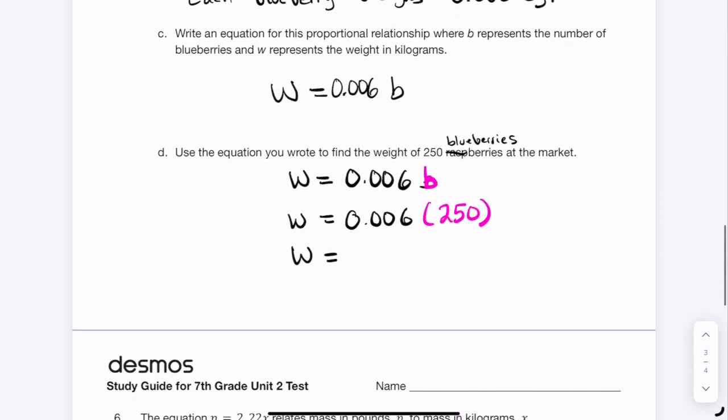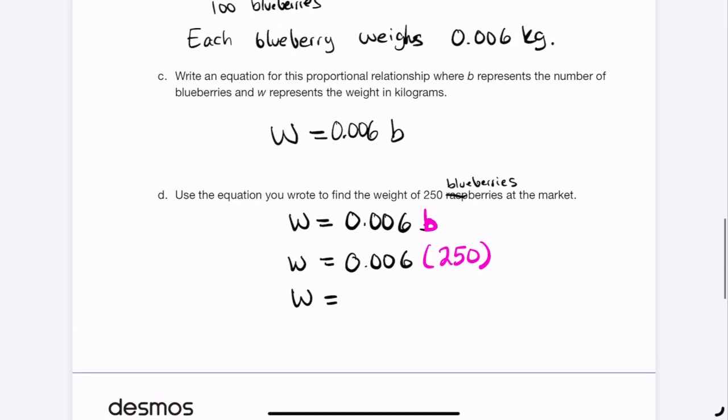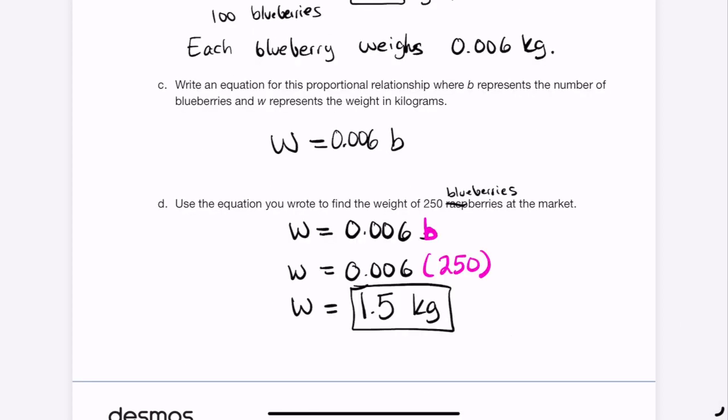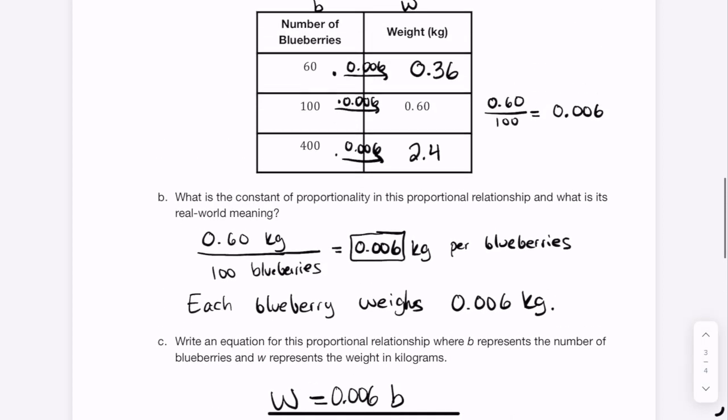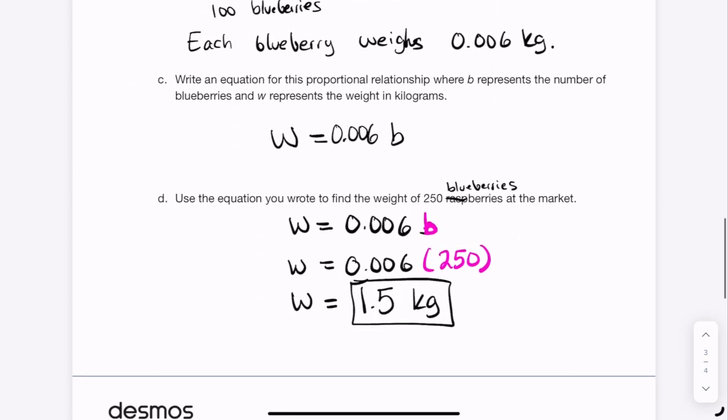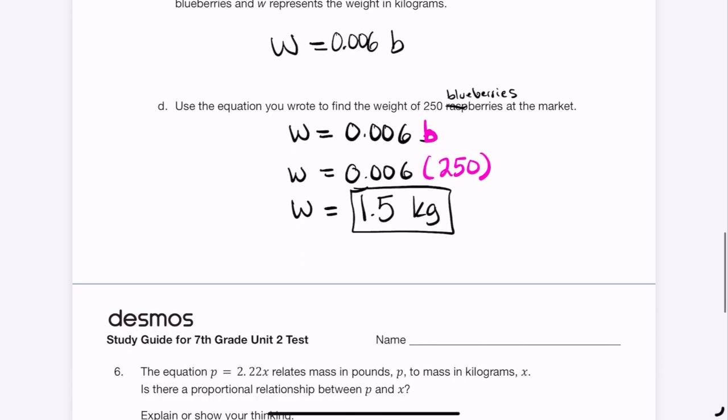I multiplied 250, the number of blueberries, times my 6 thousandths of a kilogram, and that's going to give me the answer. So that should be 1.5 kilograms. So that's my answer. Again, I'm doing just what I did in the table, but I'm writing it in my equation form. So I'm taking my blueberries, multiplying by the constant of proportionality, and it gives me the weight.